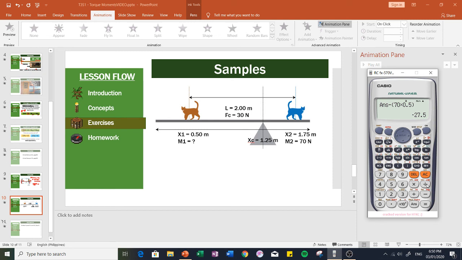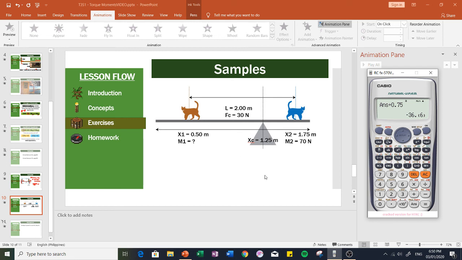So we simply make this positive and divide it by the distance of the cat from the center. What's 1.25 minus 0.50? That's 0.75. And we will get 36.6 newtons. We also have to account for the fact that this would be positive.